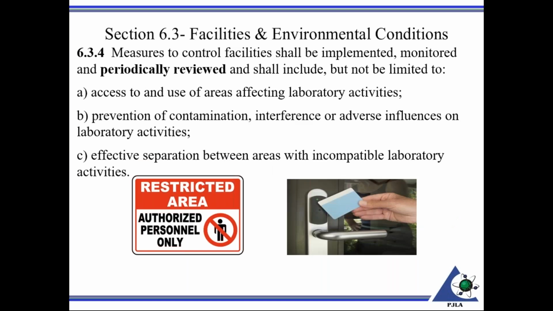Still under facilities and environmental conditions, measures to control facilities shall be implemented, monitored, and periodically reviewed, and shall include but not limited to access to and use of areas affecting laboratory activities, prevention of contamination, interference, or adverse influences on laboratory activities, effective separation between areas with incompatible laboratory activities. So the areas where these test or calibrations are being performed should be controlled.